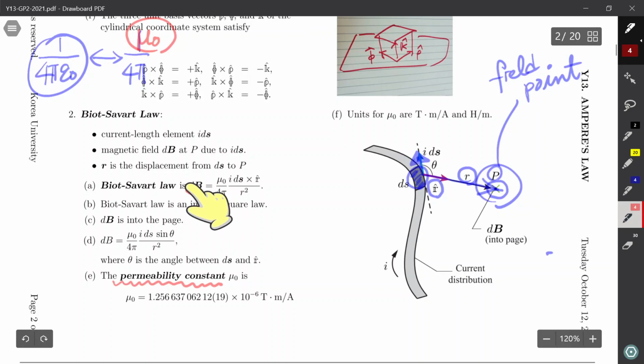Next, the field is linearly proportional to the current. And the direction, and in addition, ds, this is a vector, is linearly proportional to the length.